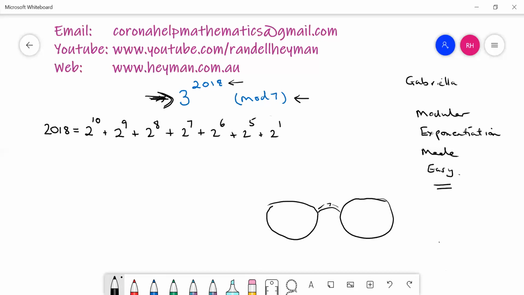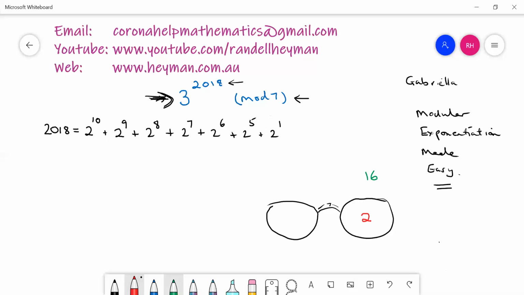Now the mod 7 glasses have an interesting characteristic. If in the distance, or on your whiteboard or sheet of paper, you see the number 16, when you look through the glasses, you don't see 16. You see the remainder when you divide by 7. So you see 2, because 16 equals 2 times 7, which is 14, plus 2.